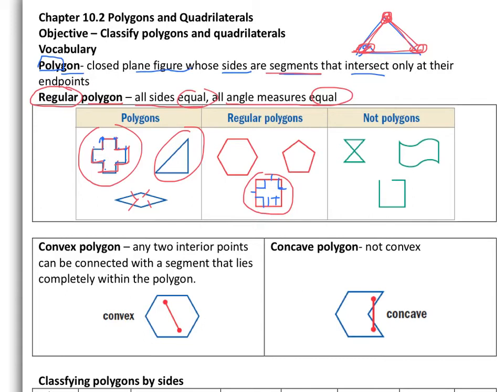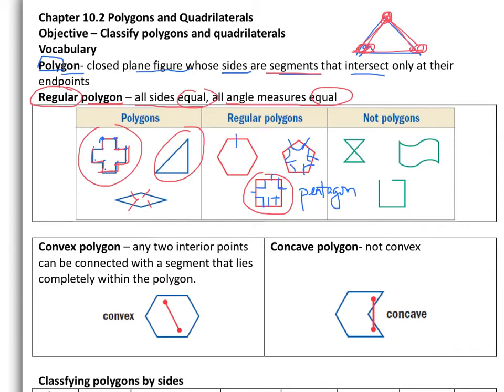And here we have a pentagon. Let me write the word pentagon. P-E-N-T-A-G-O-N. 1, 2, 3, 4, 5. We have 5 equal sides with 5 angles equal to each other.